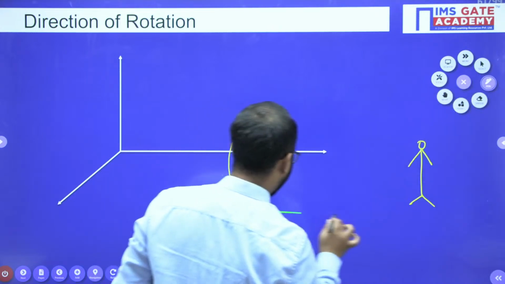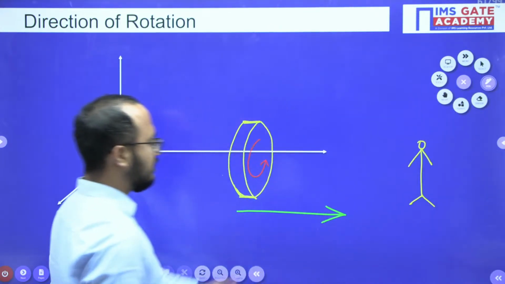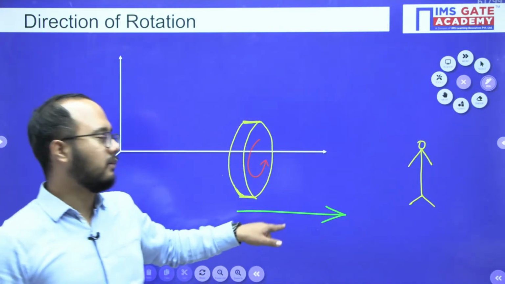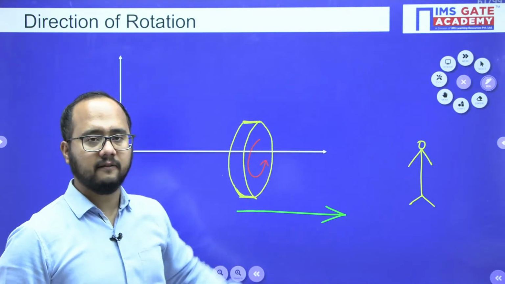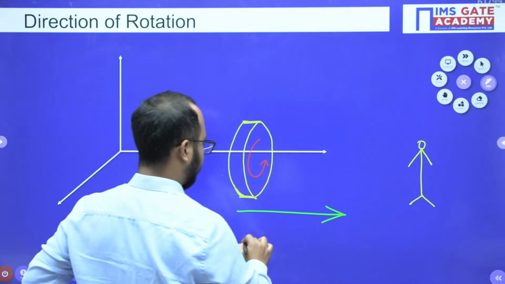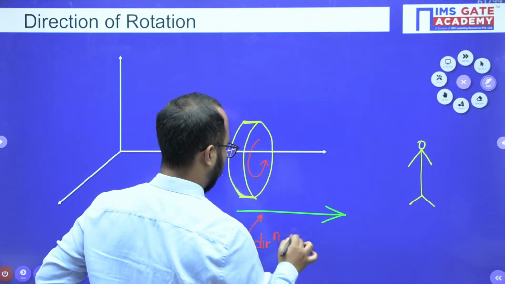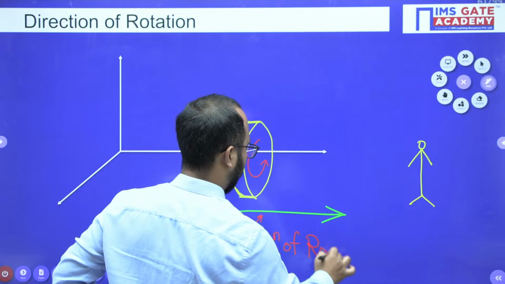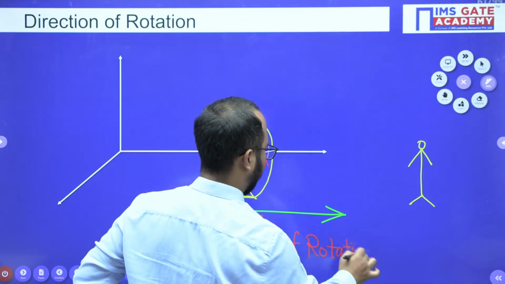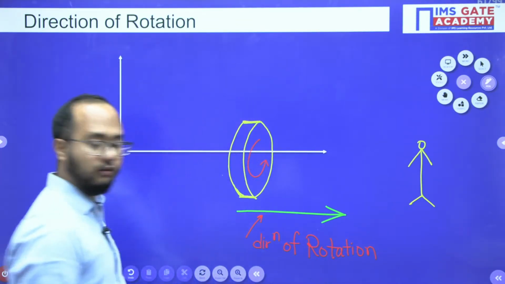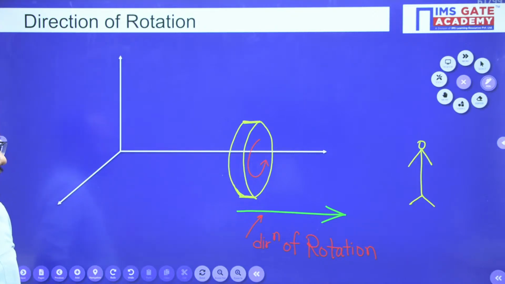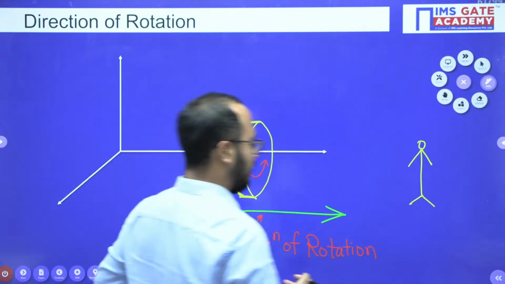So this arrow will represent the direction of rotation. Clear, everyone? The direction of rotation in terms of vector, right?